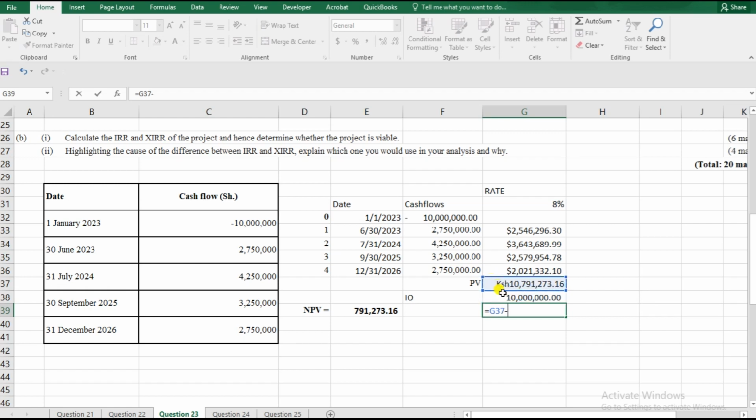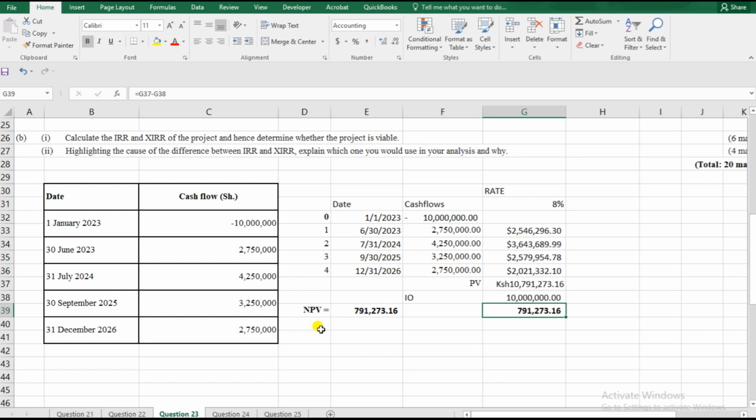So I'll be taking that minus that to give us 791,273, which you can clearly see is exactly the same as if we had used the NPV directly. You see how simple it is. So we've worked out our NPV.